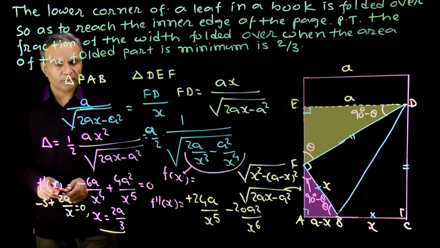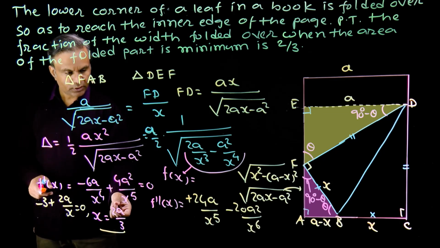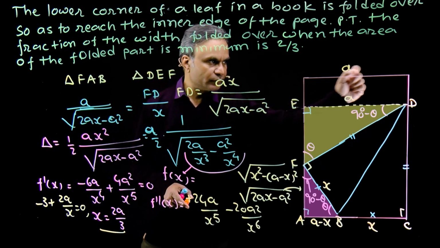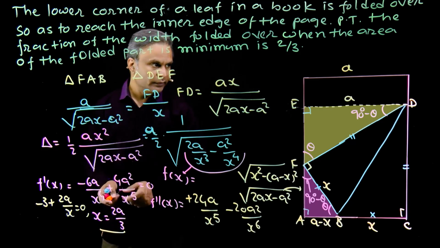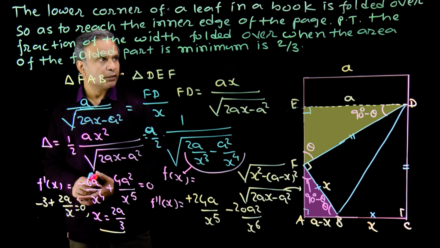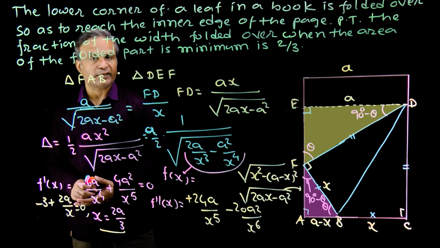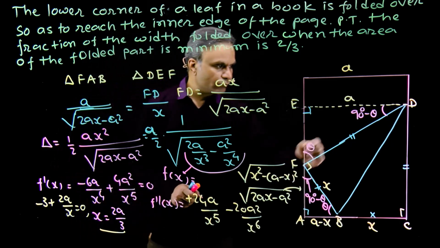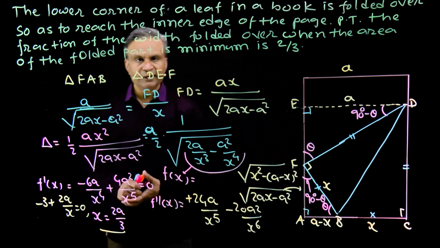So area will be minimum when the value of x will be 2a upon 3, and this is 2/3 of the actual width. What does this mean? The folded width will be 2/3 of the actual width when the area of the folded part is minimum.